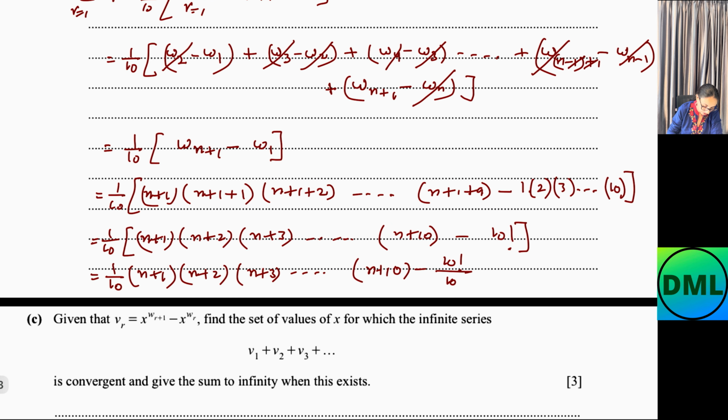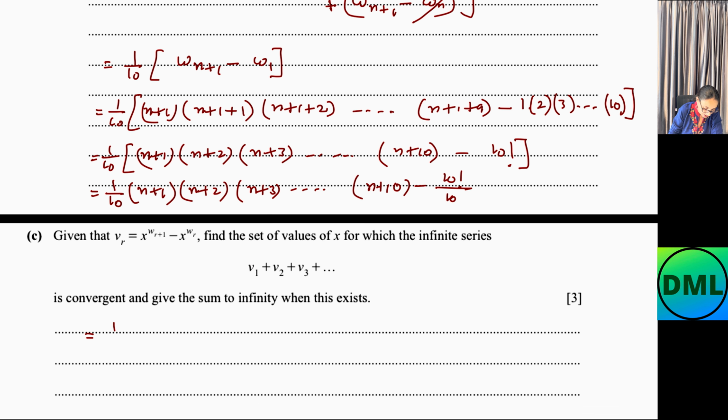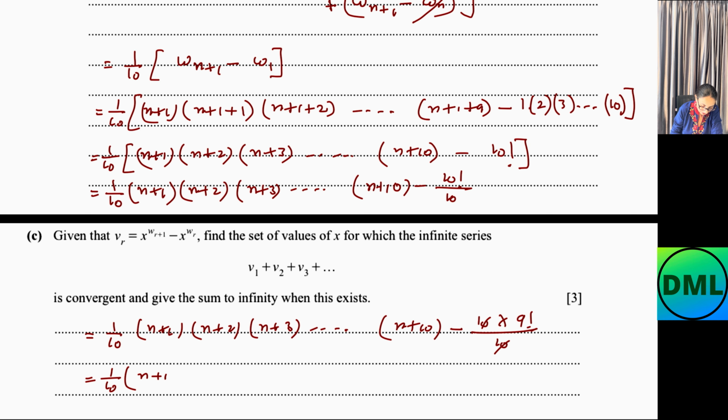So this will be written as 1 over 10 times (n plus 1)(n plus 2)(n plus 3), and so on till (n plus 10), minus 10 times factorial 9. The 10 got cancelled from here, and your answer will be 1 over 10 times (n plus 1)(n plus 2)(n plus 3), and so on till (n plus 10), minus factorial 9. This will be your answer for that part.